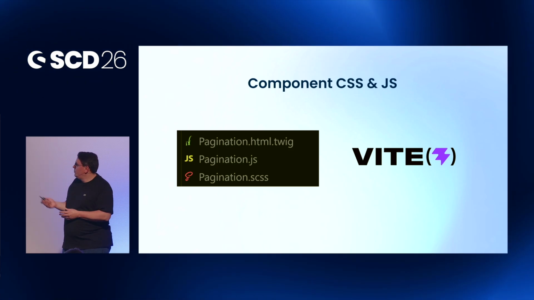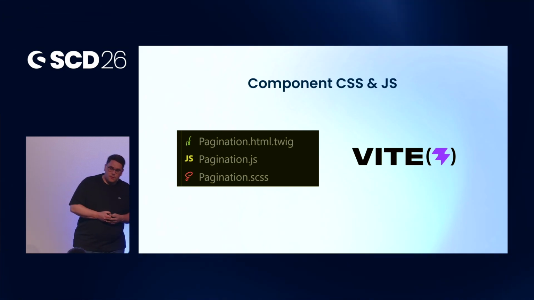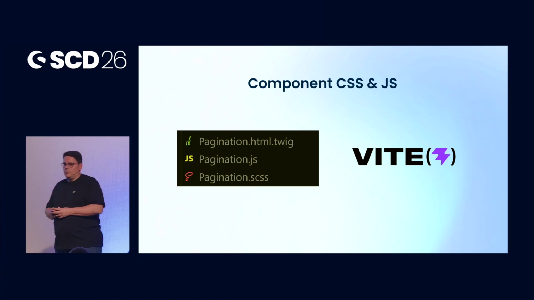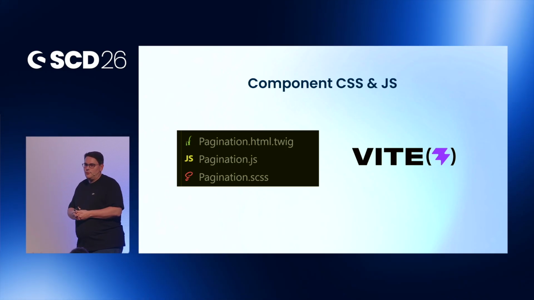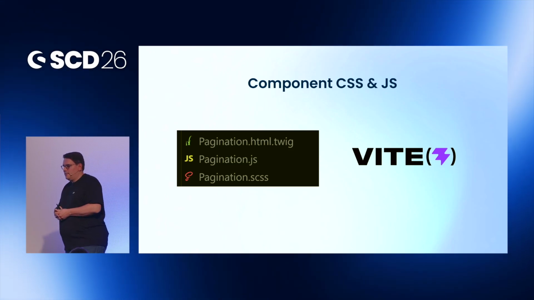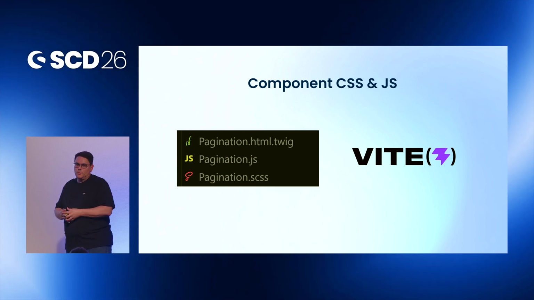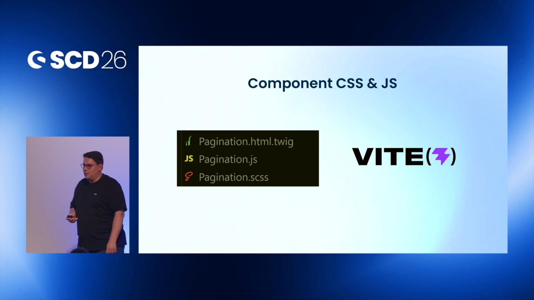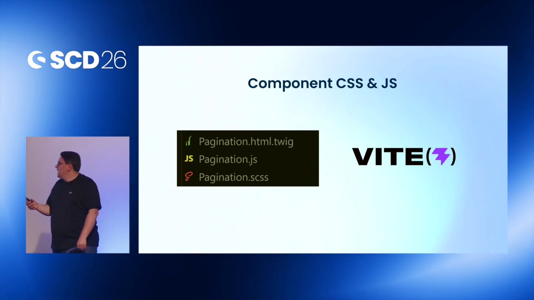We have a new build process that is powered by Vite, and also a new dev server feature, because I know that a lot of developers don't really like the current hot proxy mode for the storefront. As this is very brittle, we have a nice new dev server feature which has a much better developer experience than the current thing.